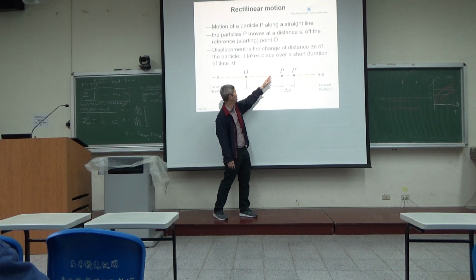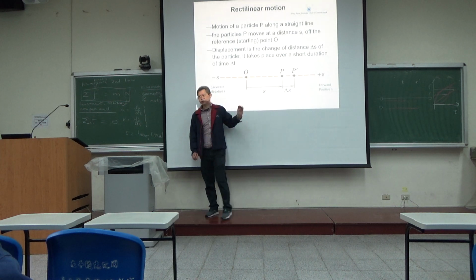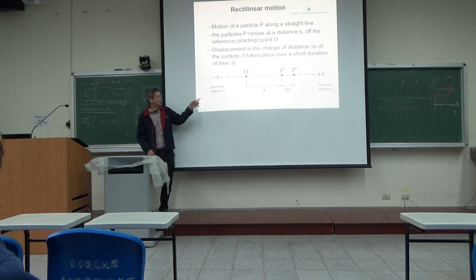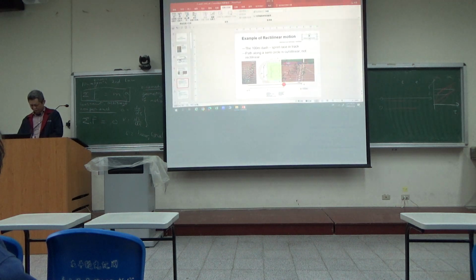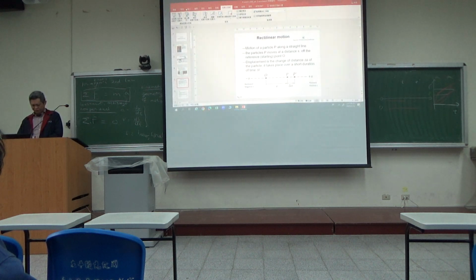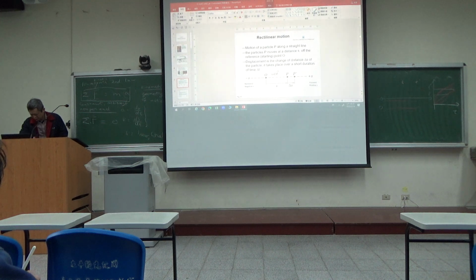From position O to P, this is S. Sometimes there is a short form of writing. You can write S is equal to OP. So this is kind of a short form that you practice by reference to the drawing.